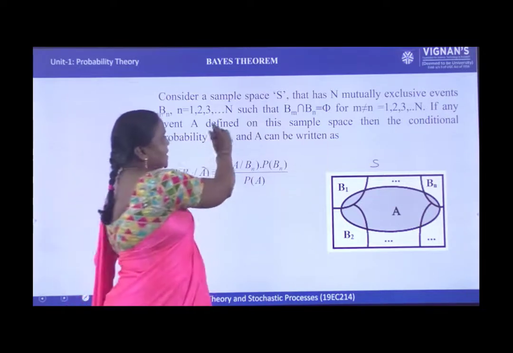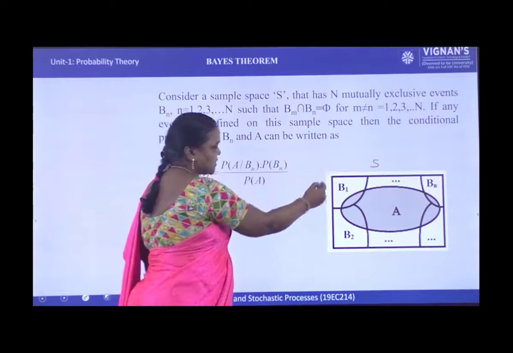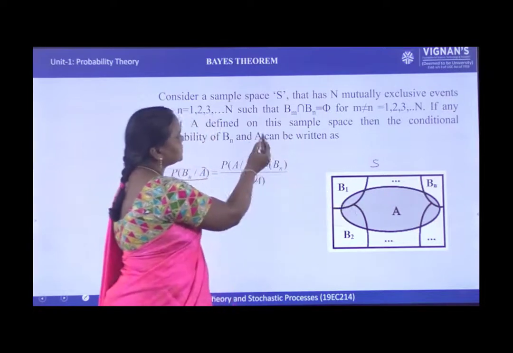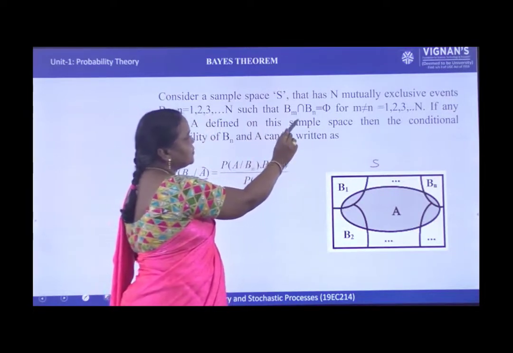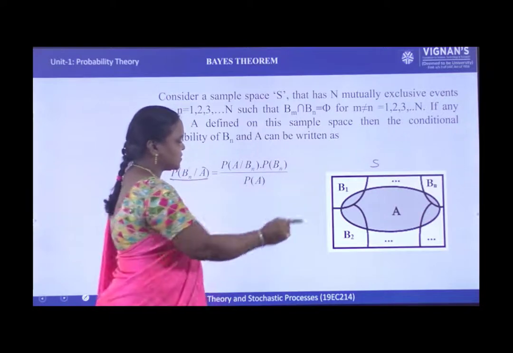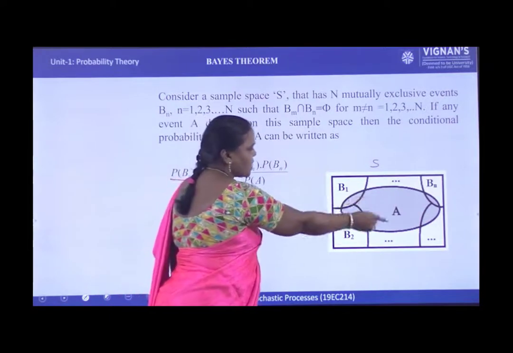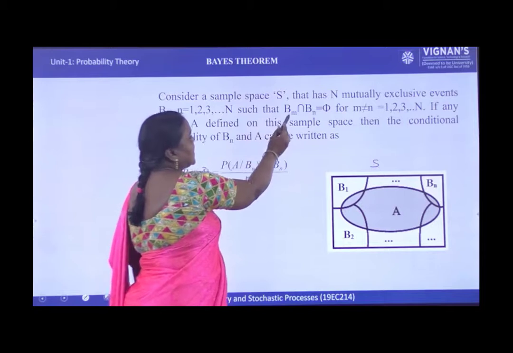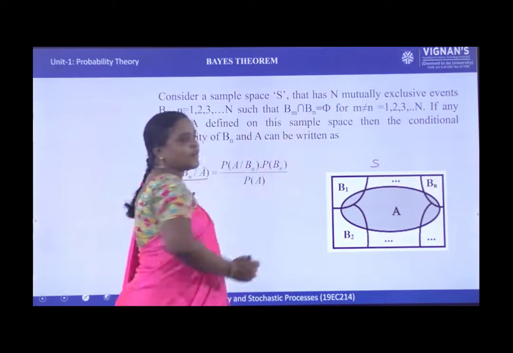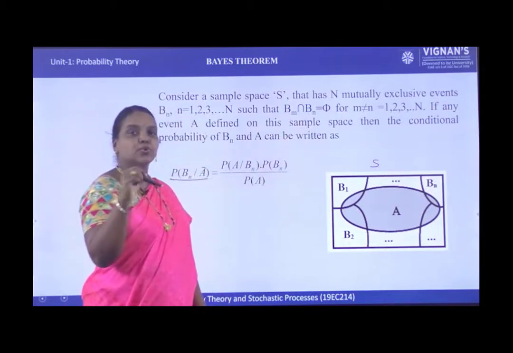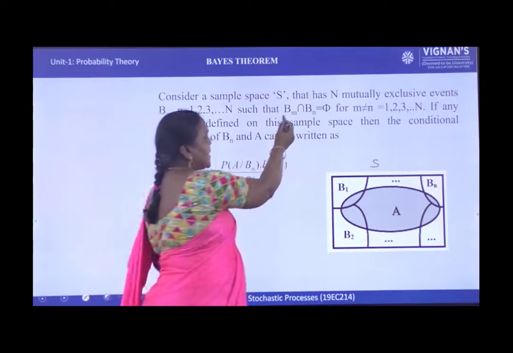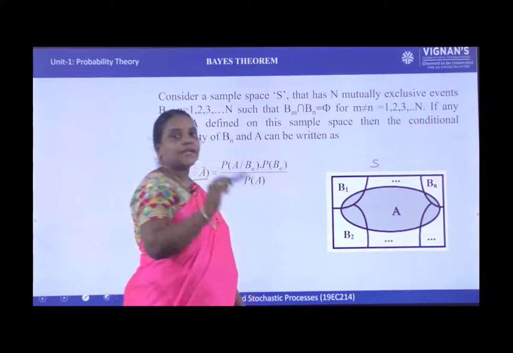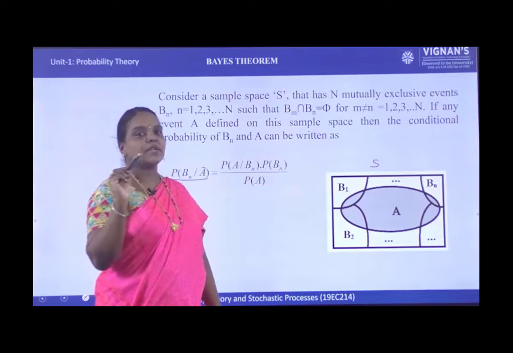Consider a sample space S. This is the sample space S that has n mutually exclusive events, B1, B2 and so on, Bn, such that Bm intersection Bn is equal to phi. That is, if you consider any two events Bm, Bn, that is equal to phi if m is not equal to n.